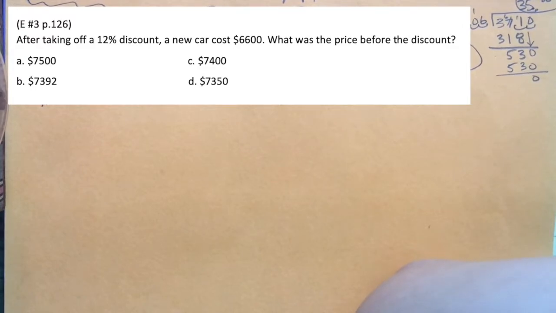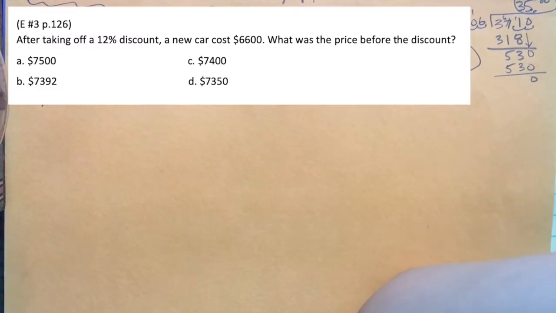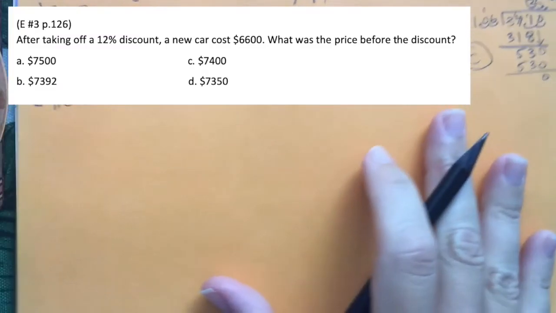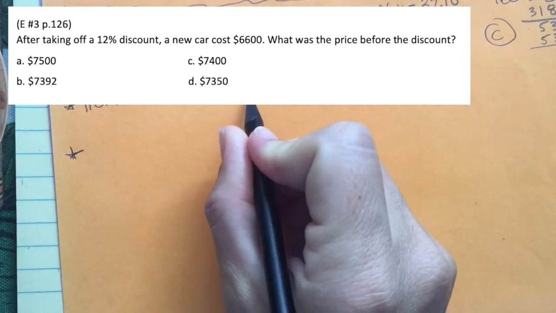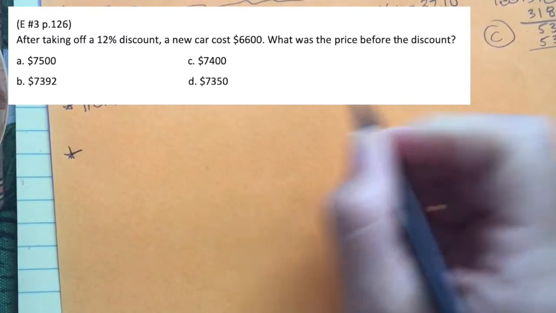So again, we're calculating original price. But in this case, it's a discount, not a tax or a tip, not something being added to the price. It's something being taken away from the original price. So when the item includes a tax or tip, we add the percent to 100.